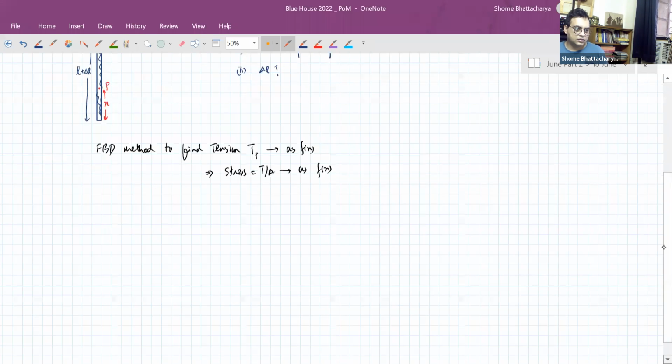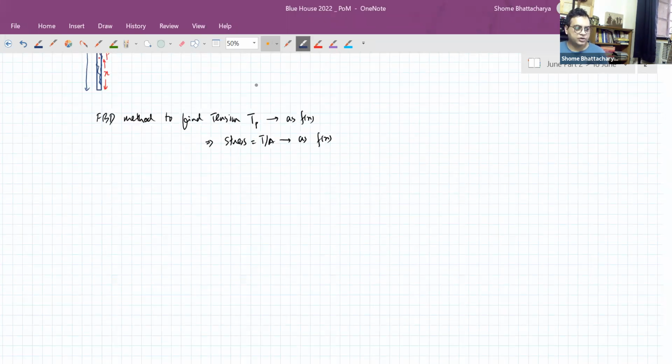Okay. So basically what we do is we make a free body diagram of this section of the rod. And we understand that tension acting at that point is balancing the weight of this section of the rod, where this is linear mass density into x.